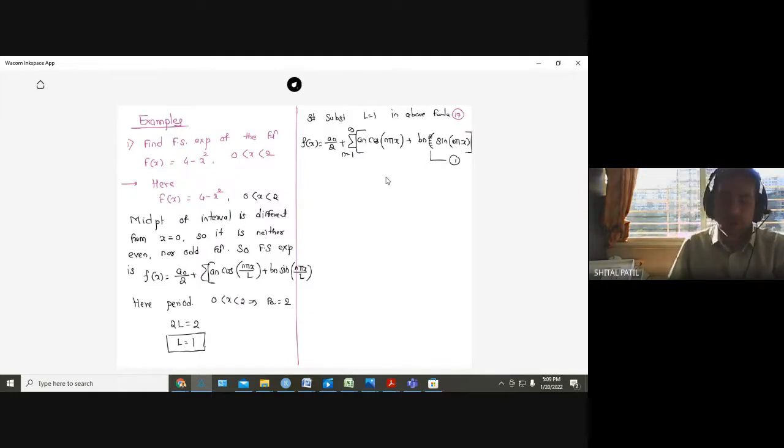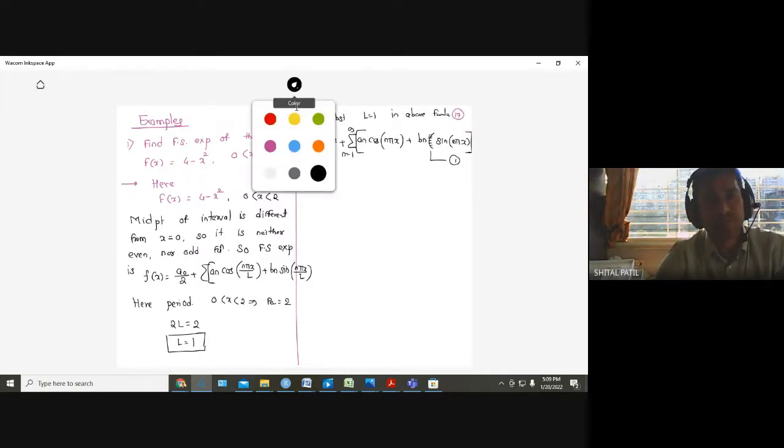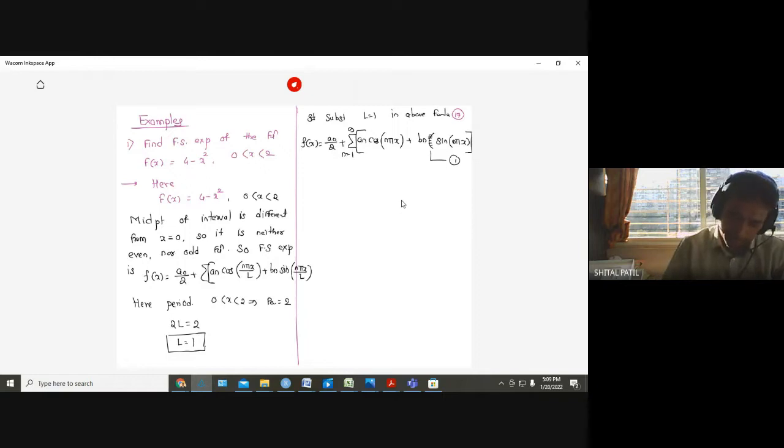Now we have to write the formula of A naught. Function is known to us.